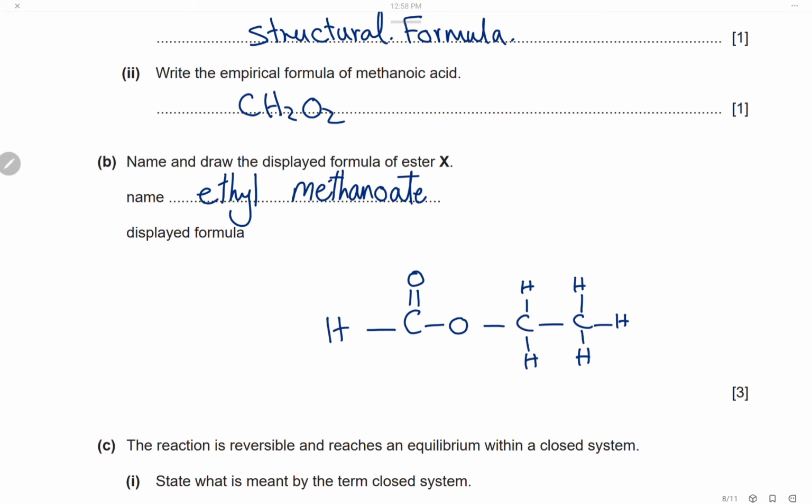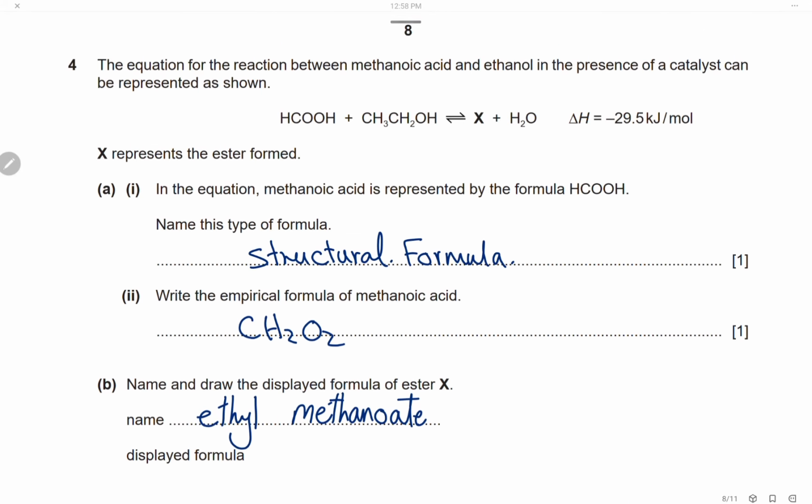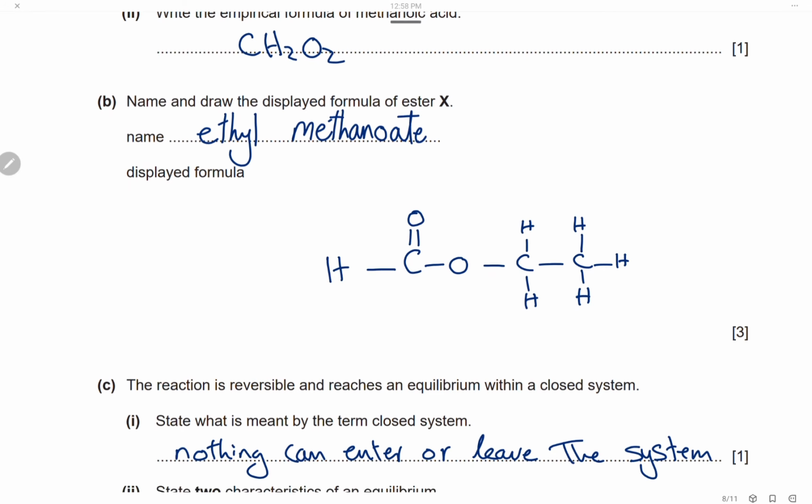Name and draw the displayed formula for ester X. Ester X is formed from the reaction between methanoic acid and ethanol, so ester X will be ethyl methanoate. To draw the displayed formula for ethyl methanoate, first we draw the ester linkage, and because the acid part is methanoate, we only have 1 carbon, so here we add 1 hydrogen.